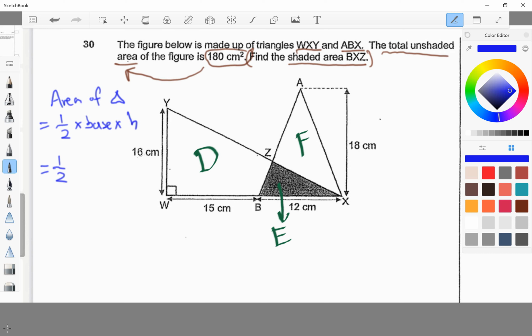And in this particular case, the base of this triangle WXY is actually 15 plus 12, which is 27. Let me just label it for everyone.